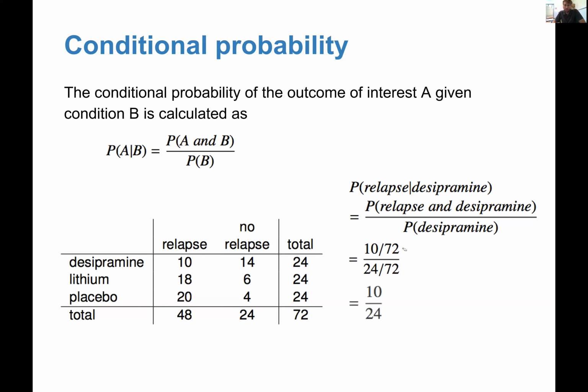So it simplifies to be 10 over 24, which is 0.42. So another way to do that, since you're always going to get the same denominator, is to say the probability of the given means you go to whatever row or column is the given. And then you do probability using that total, 10 out of 24.